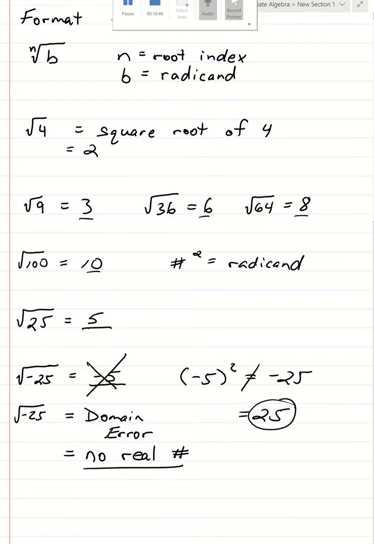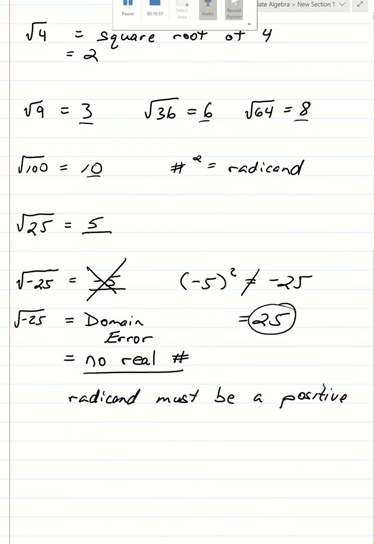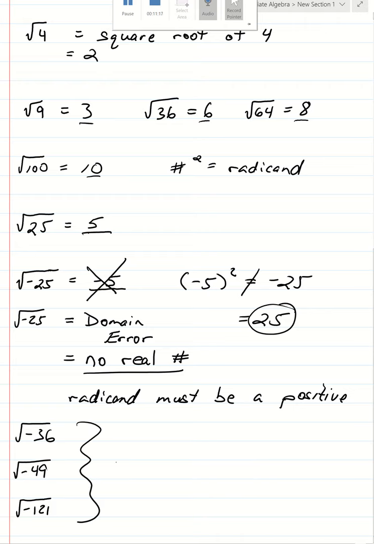So what we'll be able to say here is that your radicand must be a positive number when we are dealing with a square root. So if I tried the square root of a negative 36, or the square root of a negative 49, or the square root of a negative 121, these would all have the same answer of no real number.